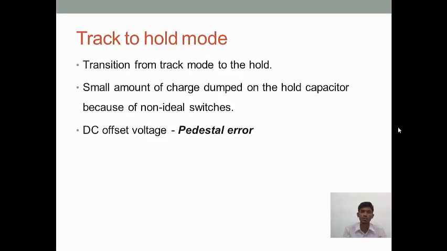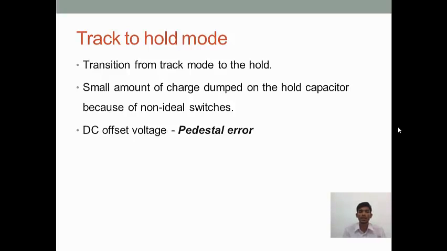Track to hold mode is the actual transition when the circuitry is in sample mode and transitions to the hold mode. Due to the transition, a small transient occurs in the circuitry because of the switches we are using.